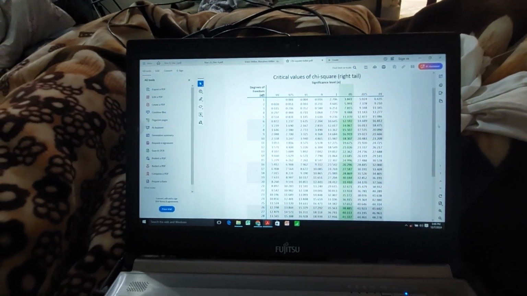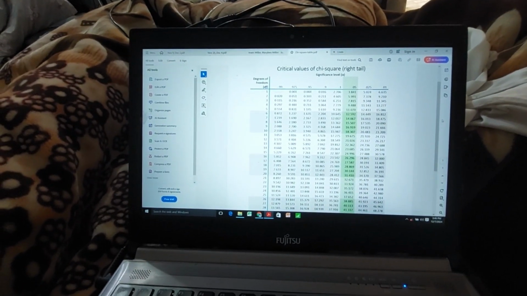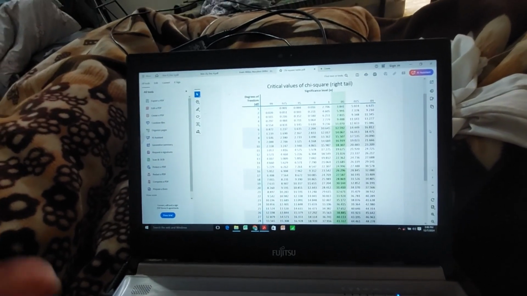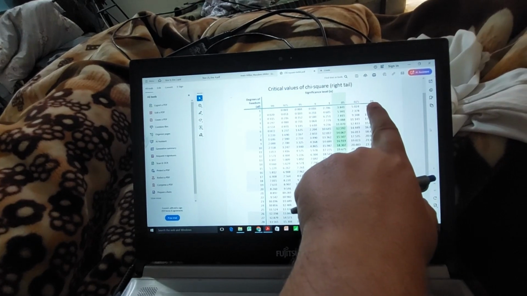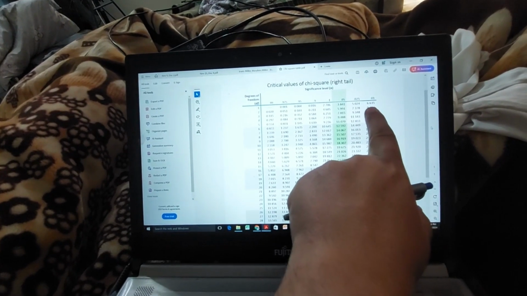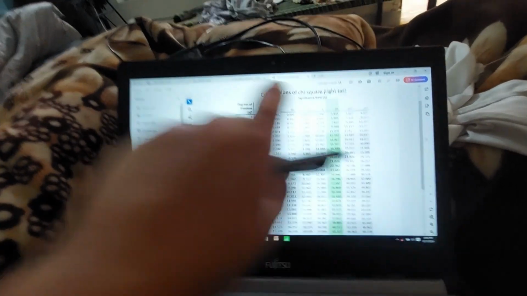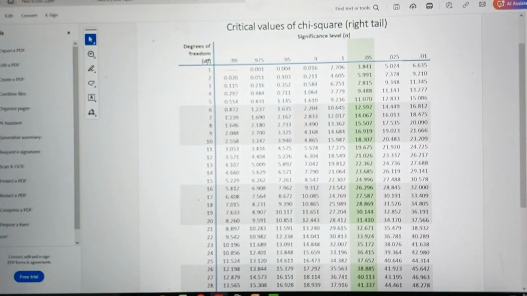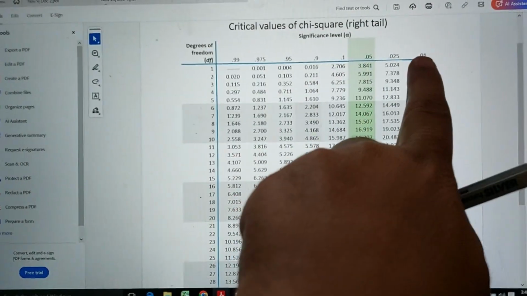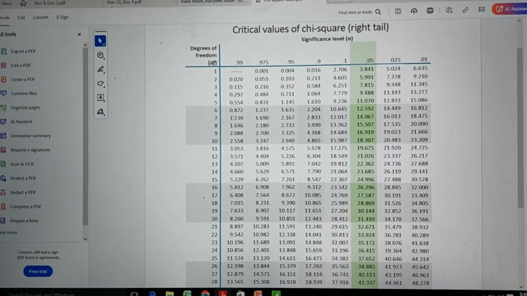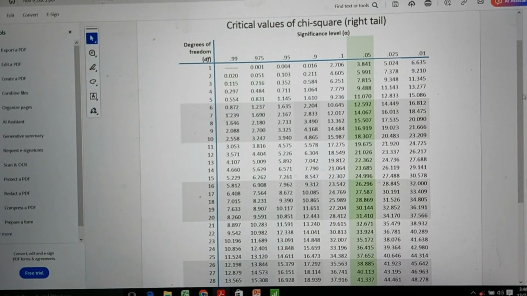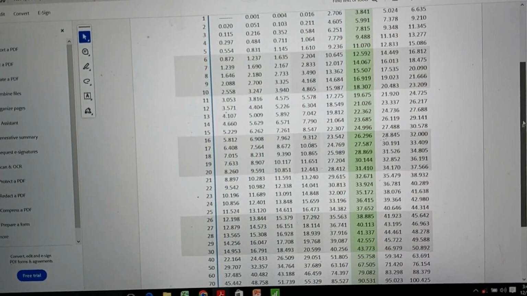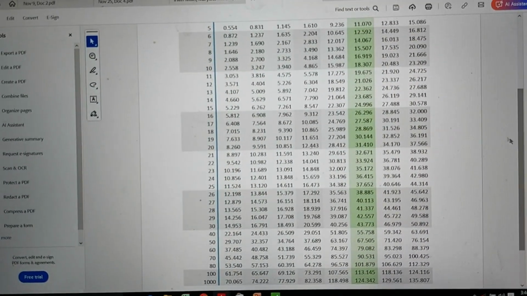So 1 minus alpha, or 0.99, is equivalent to this 0.01 in the right tail one. Let me zoom in. So 0.01 and the degree of freedom should be 80. This is to the right of the critical value, the range of values to the right.